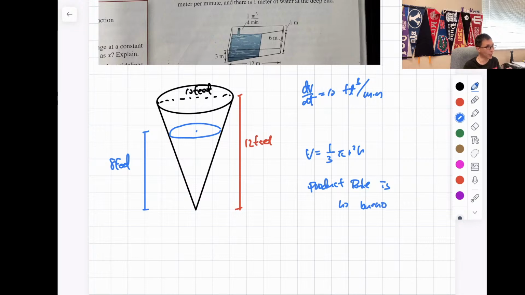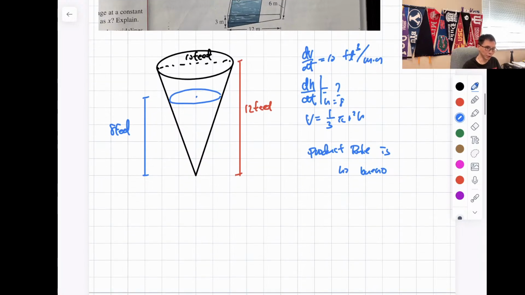Because you have r squared h, and if you take a derivative you get dr/dt and dh/dt. But dr/dt is not given. What is given is dV/dt, and what they are asking is how fast the depth is changing. So dh/dt is the question mark when h is equal to 8.